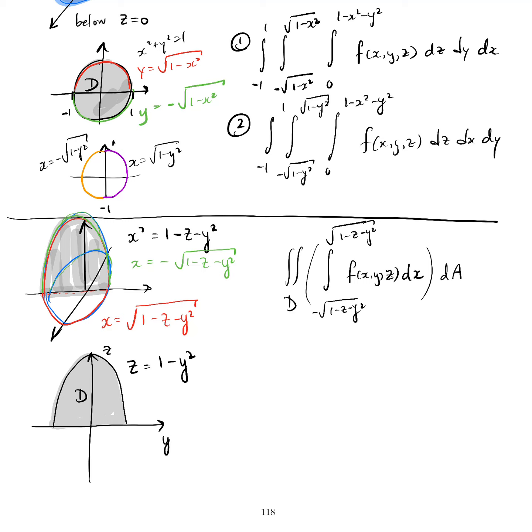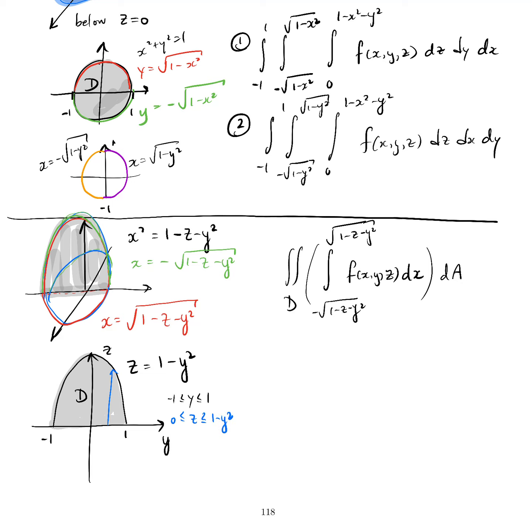I'll go with type 1. And so we have from minus 1 to 1 on the y, so minus 1 is less than or equal to y is less than or equal to 1. And the z will travel up from 0 is less than or equal to z is less than or equal to 1 minus y squared.